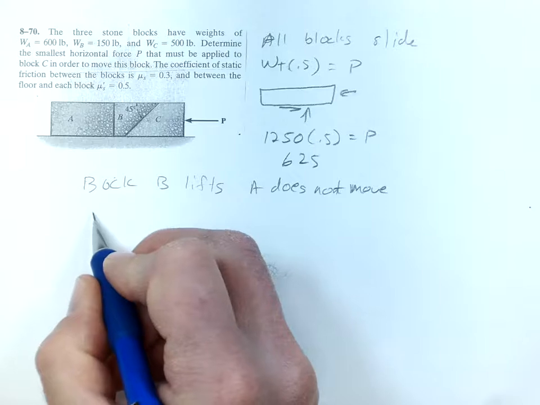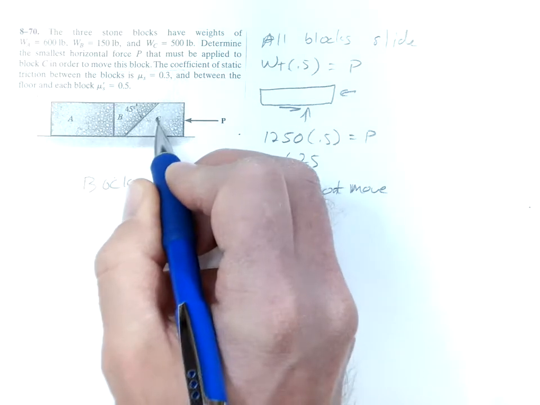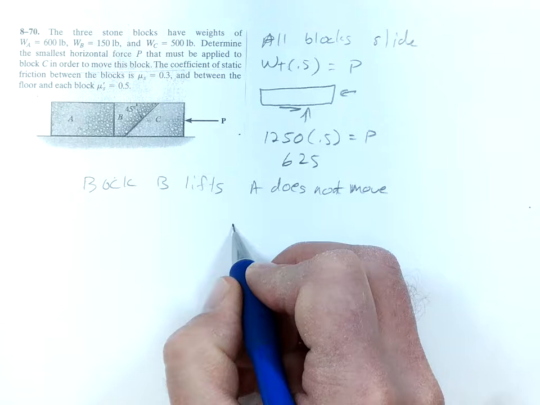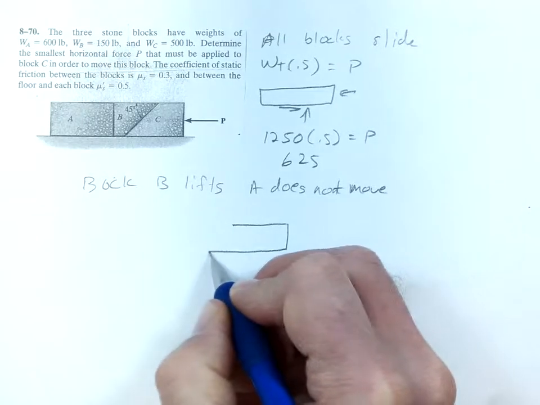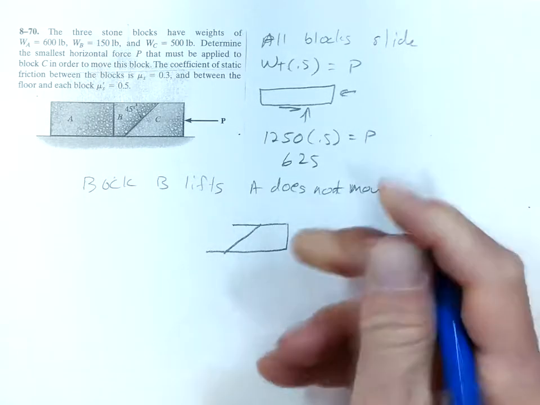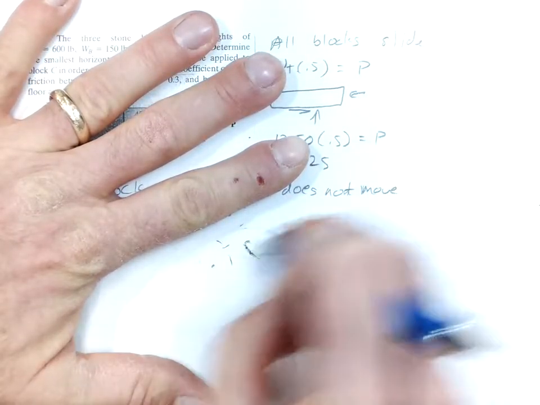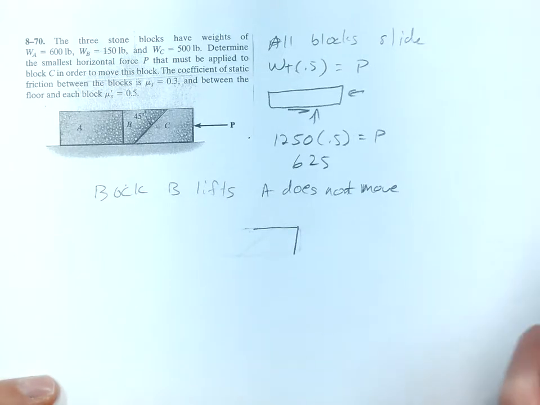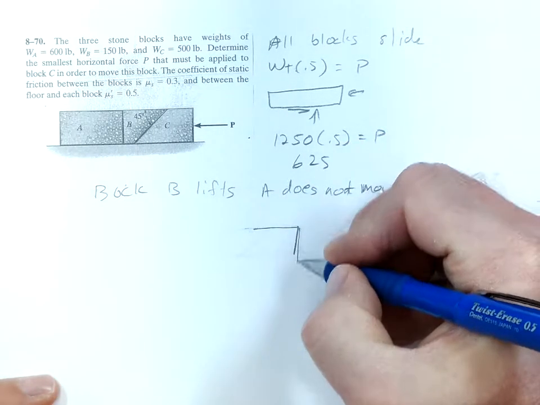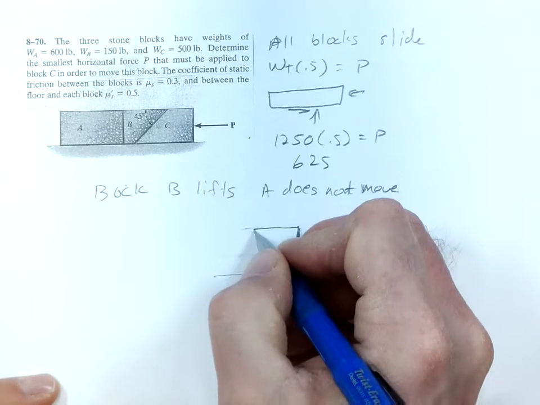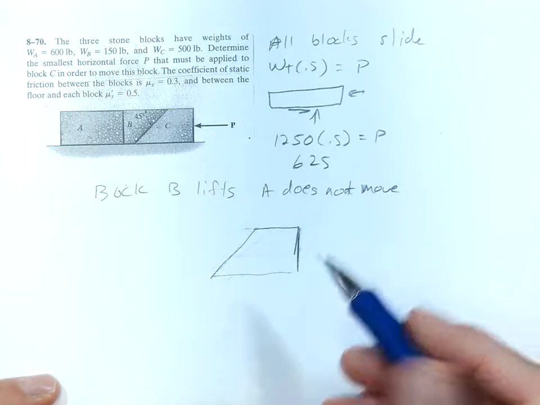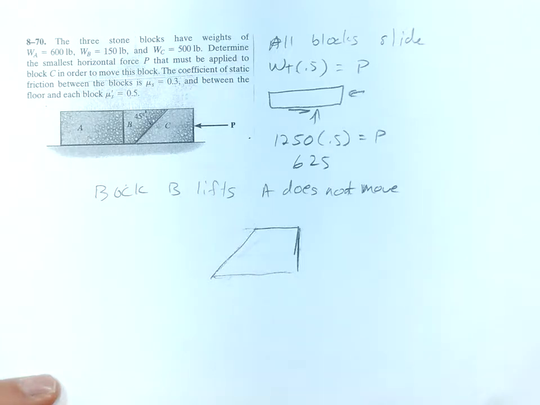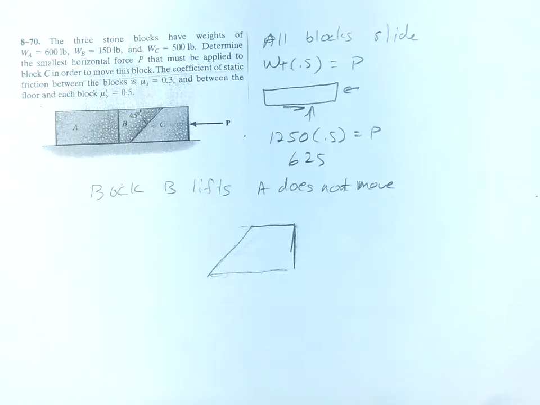So we'll draw this free body diagram of C. That's better. I'm out of lead. We'll use this pencil.